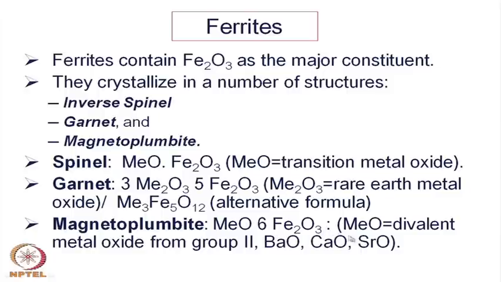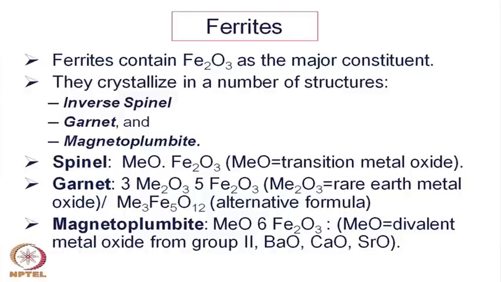So, MEO in this case is not a transition metal or rare earth, it is actually a divalent metal from group 2, like barium oxide, calcium oxide, strontium oxide. So, either BaO, CaO or SrO.